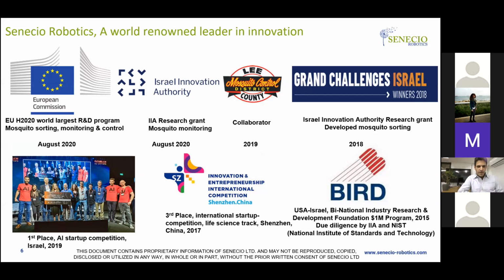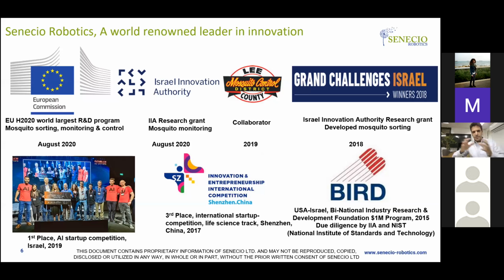Recently, we won the Horizon 2020 program for startups, and we are developing an automated mosquito factory for scaling up to millions of mosquitoes per week. In addition to that, also a monitoring solution, which is relevant to SIT when you have lots of traps in the field, and to anyone who's dealing with mosquito monitoring. In 2019, we also won first place for startups in Israel.